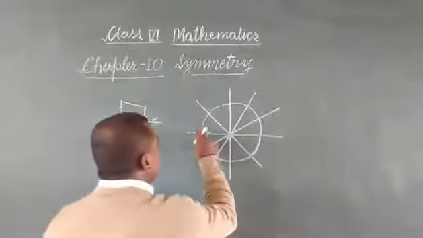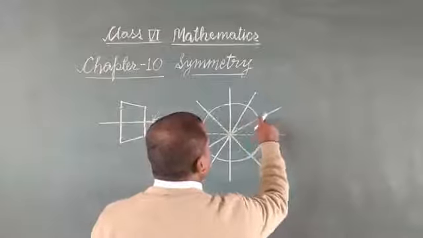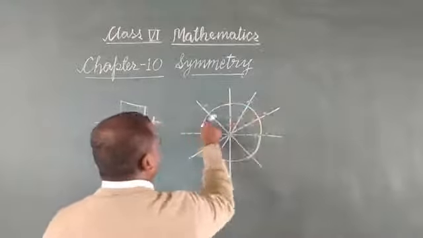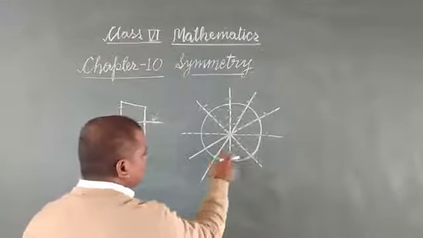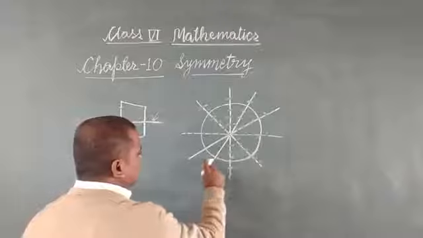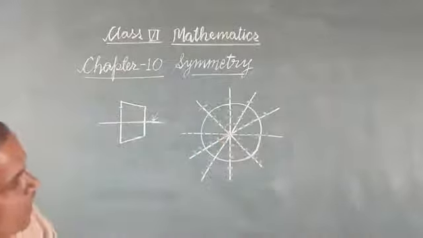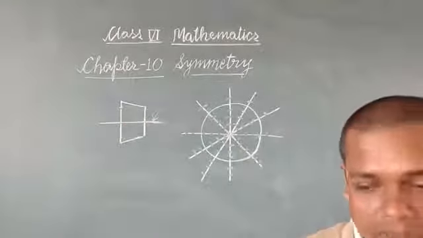So you can say that a circle has infinite lines of symmetry. I am making it a dotted line, since we draw the dotted line to understand the line of symmetry. So from here it is clear that a circle has infinite lines of symmetry.